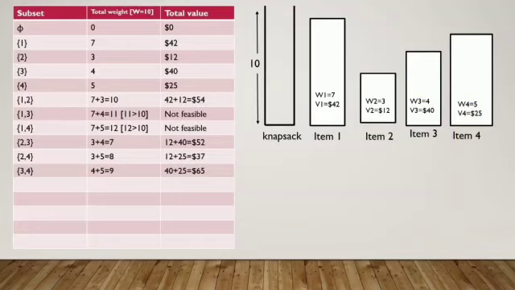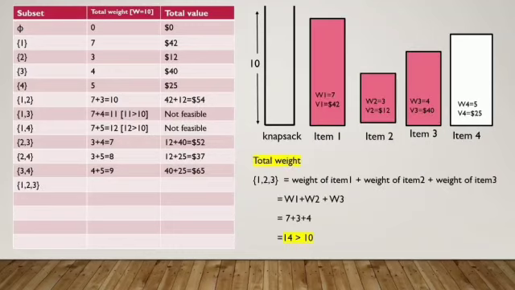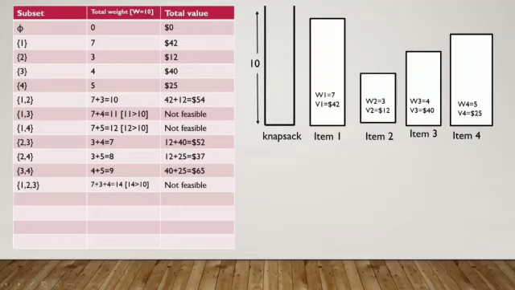Now, as we can see that the capacity of the knapsack is 10, we can check whether it's possible to fit 3 items in the knapsack within the specified capacity or not. Since for combination 1, 2 and 3, the total weight is 14, which is greater than 10 and exceeds our knapsack capacity, the total value is not feasible.